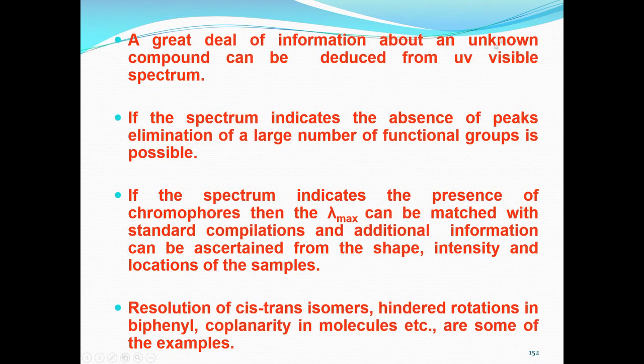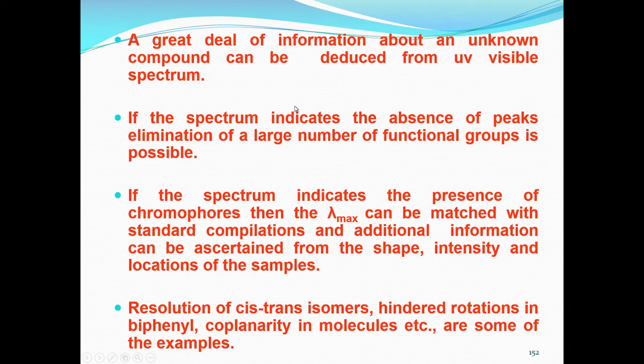So, the unknown compound we are dealing with could be this compound. Therefore, by comparison of the spectrum, I can simply confirm or reject the presence of a particular compound just by looking at the UV visible spectrum. Resolution of cis trans isomers is sometimes also possible.